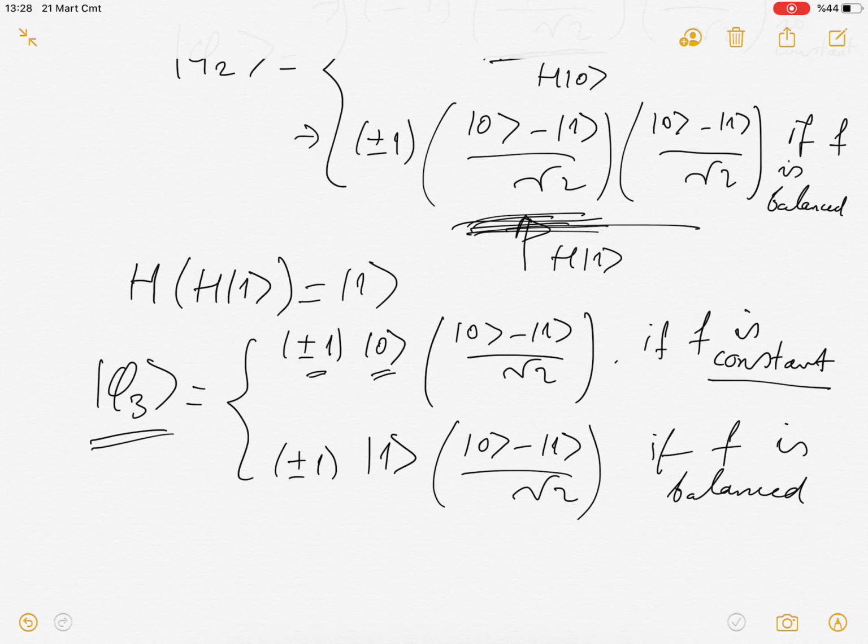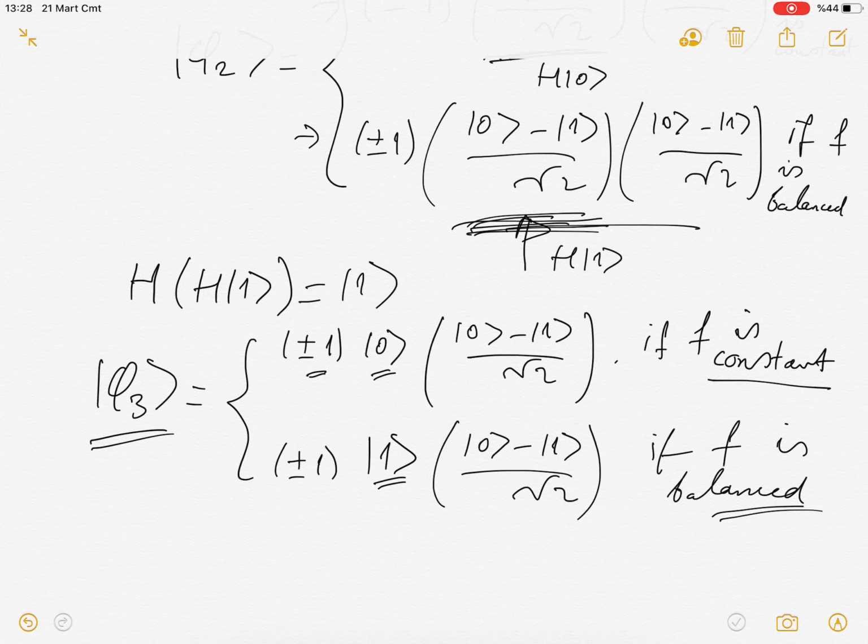But if we observe ket 1 as the outcome of the measurement, then we know for certain that f is balanced, right?